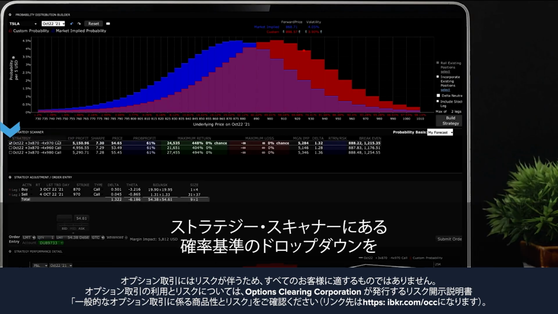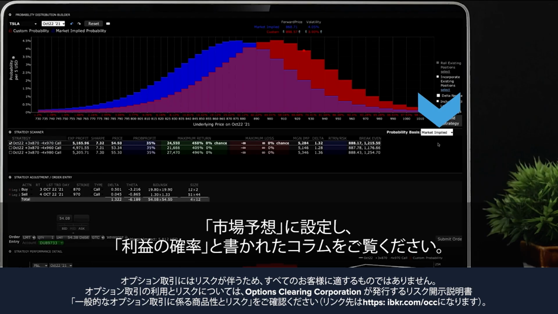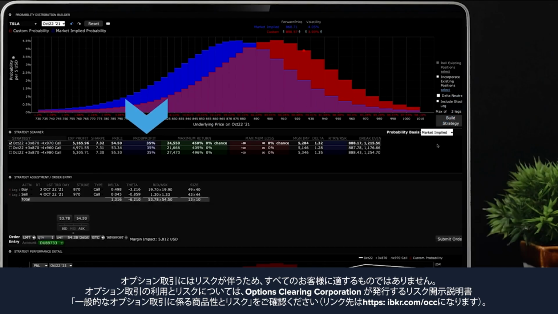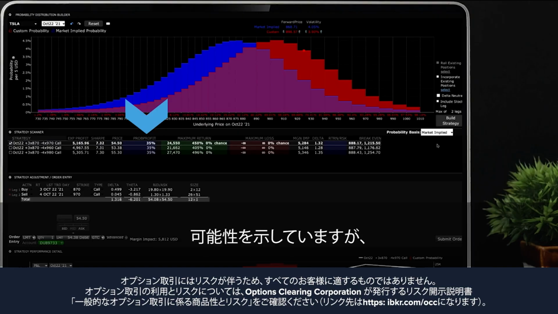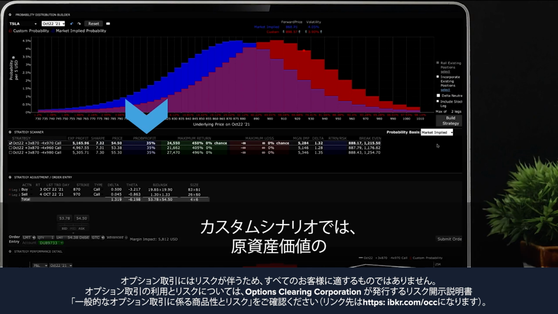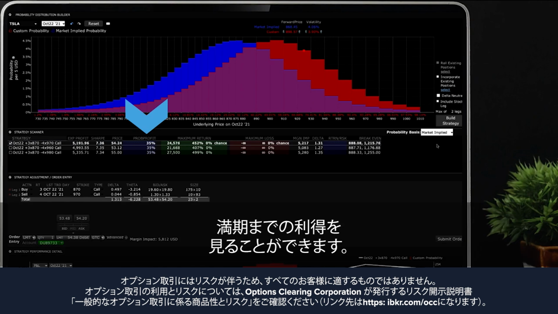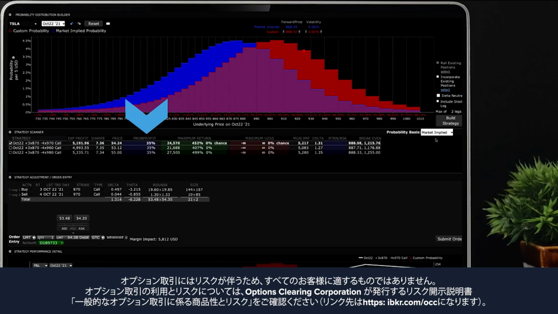With the probability basis drop-down menu set to Market Implied in the Strategy Scanner, look at the column marked Probability of Profit. This tells you the chance of making money from the returned option scenarios under current market conditions. However, the custom scenario allows for a gain in the value of the underlying through expiration.